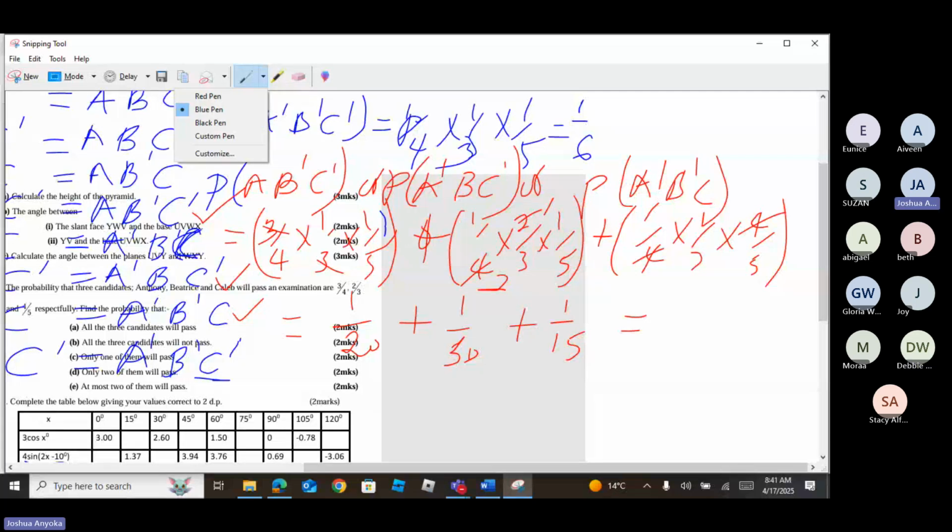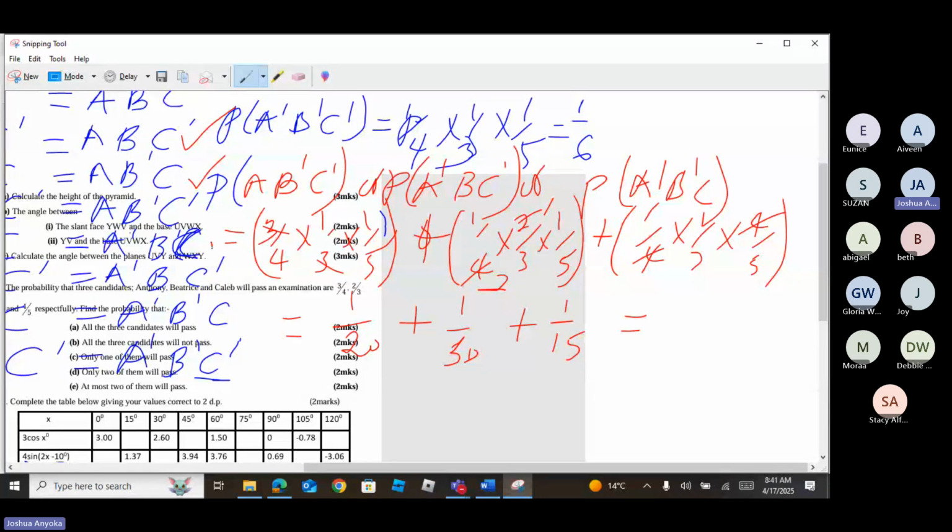The probability that Anthony will pass, Beatrice will pass, Caleb will fail. This one, Anthony passing, Beatrice failing, Caleb passing.